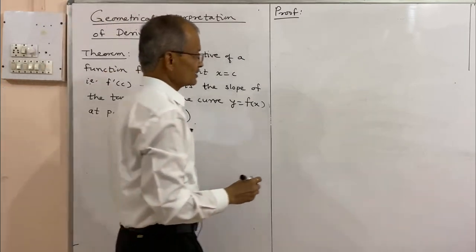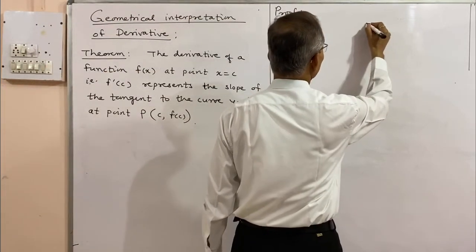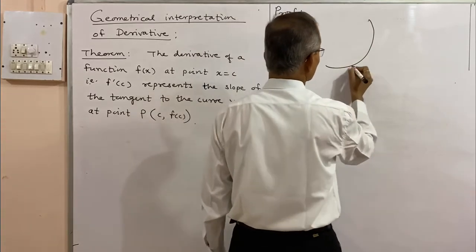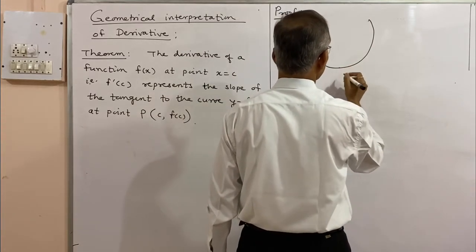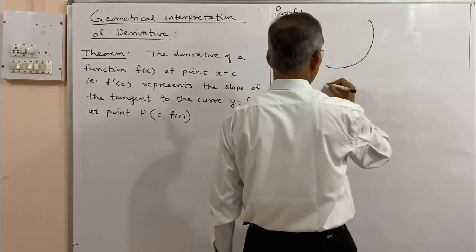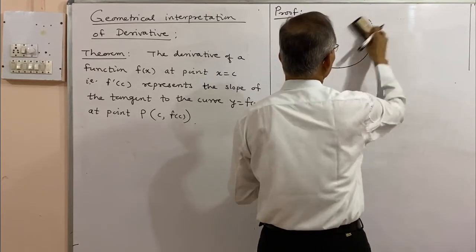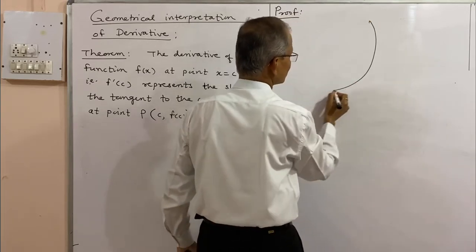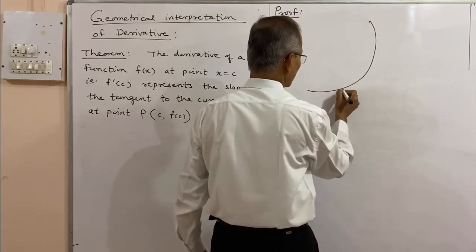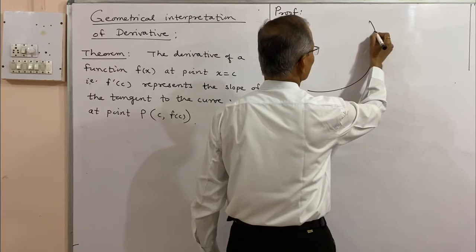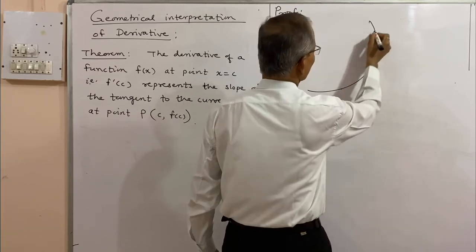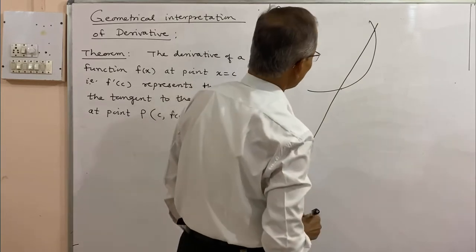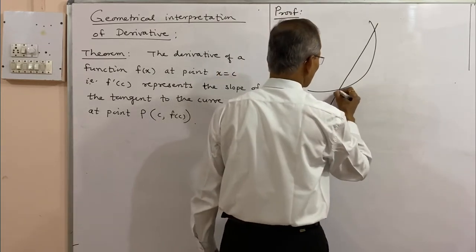That means we shall consider a curve y is equal to f(x). Suppose this is the curve, and suppose this point is P, and we will consider the curve shaped like this. Let this point be P and this point be Q. So we have to consider the chord PQ and draw a tangent at P also.